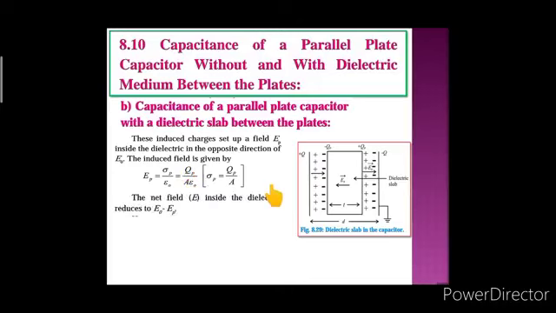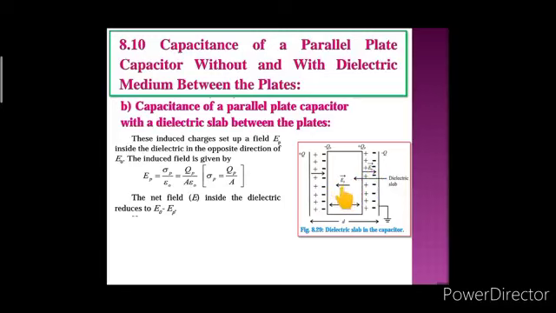Then we can determine the net field E inside the dielectric, which reduces to E0 minus EP. The value of E0 we are taking from left to right as the positive x-axis, so its magnitude is positive, and EP is directed opposite to E0.